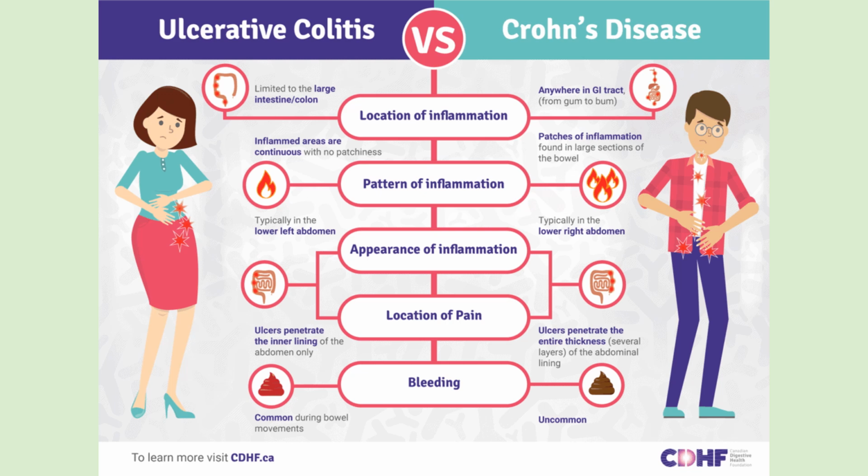It's little amounts over long periods of time. They've got weight loss, arthritis, skin problems, and they can even become anemic from that chronic bleeding, little amounts over long periods of time.